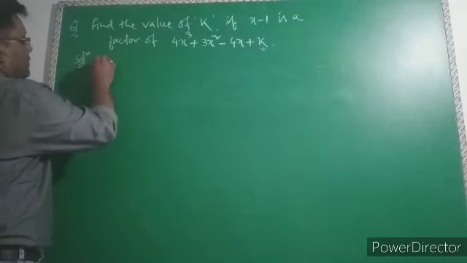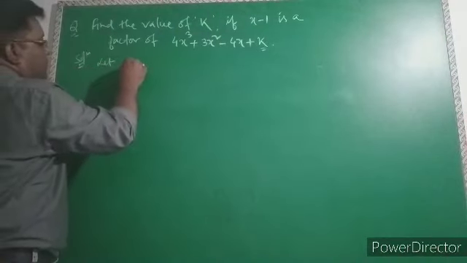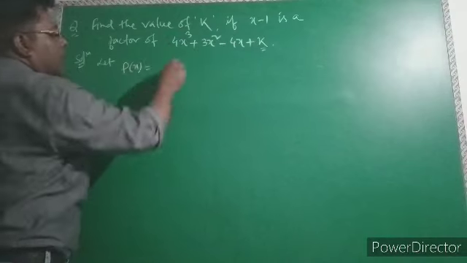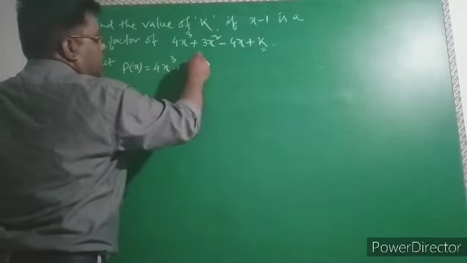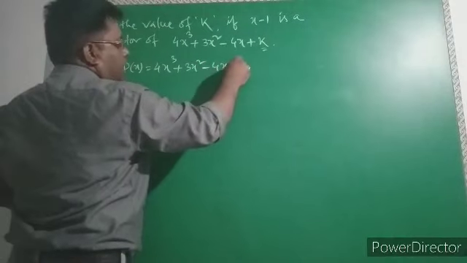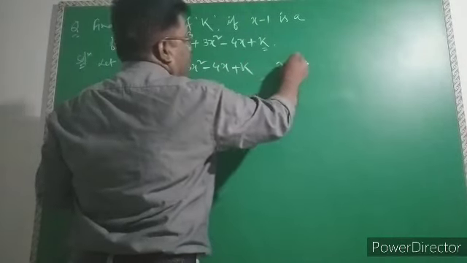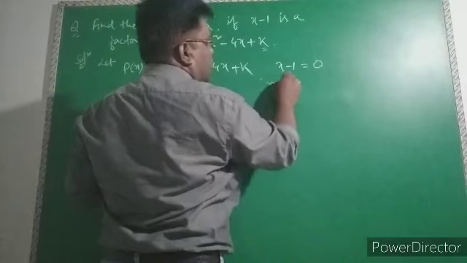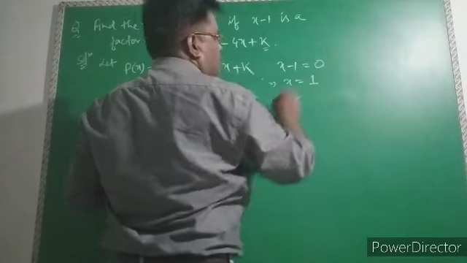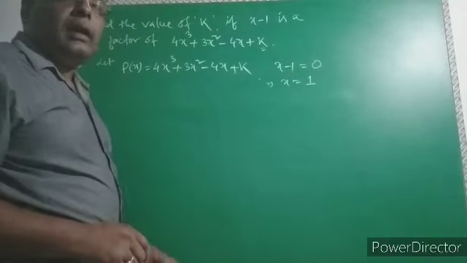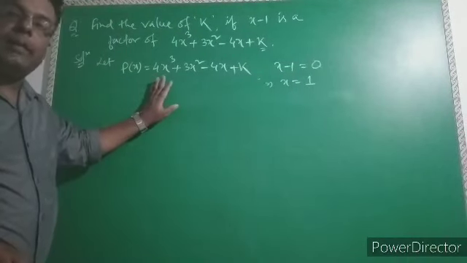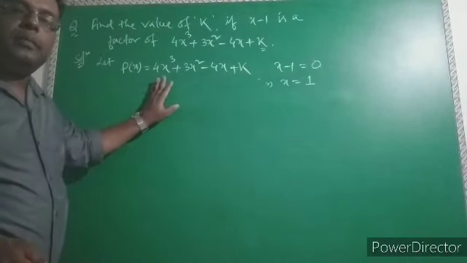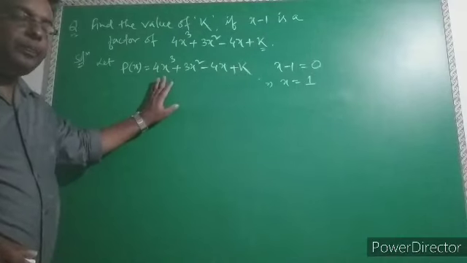So same, let p(x) be equal to the given polynomial, 4x cube plus 3x square minus 4x plus k, and x minus 1 is equal to 0. That is, we get x equal to plus 1. Now if x minus 1 is a factor of p(x), then by the factor theorem p(a) will be 0.